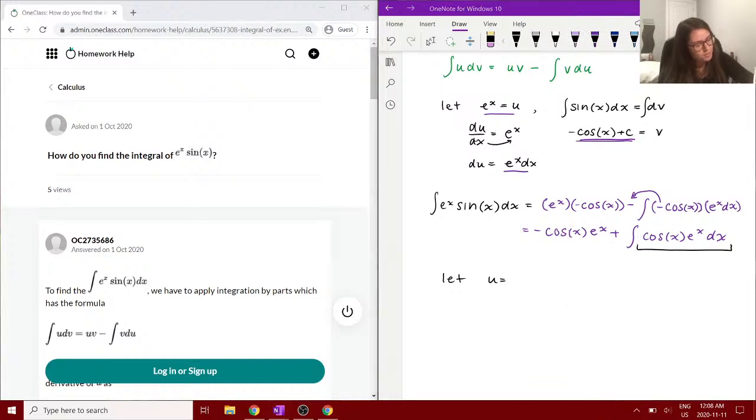So we're going to let u equal to the same thing as before, e to the x, and we're grouping the cos x and the dx, even though they're not next to each other. We're going to group those together for dv. dv is equal to cos x dx.